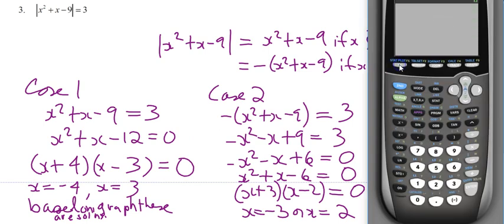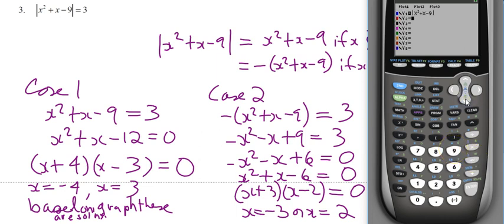So we're going to graph y equals the absolute value of x squared plus x minus 9.